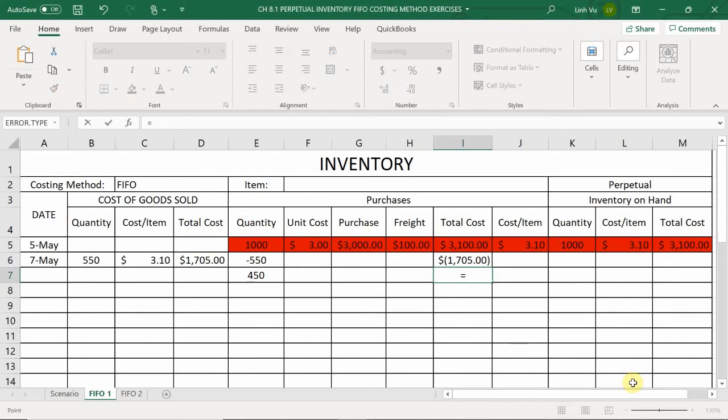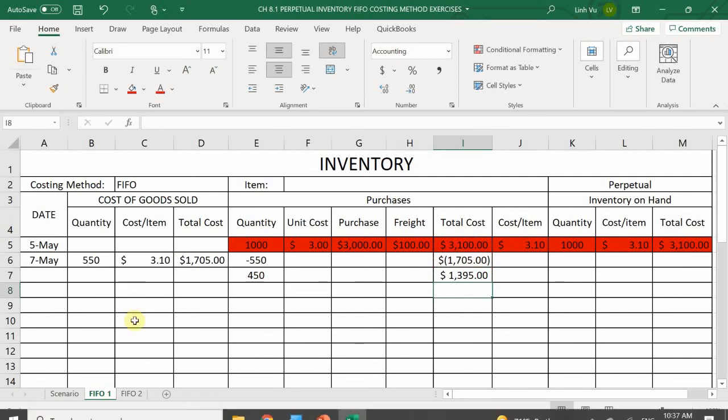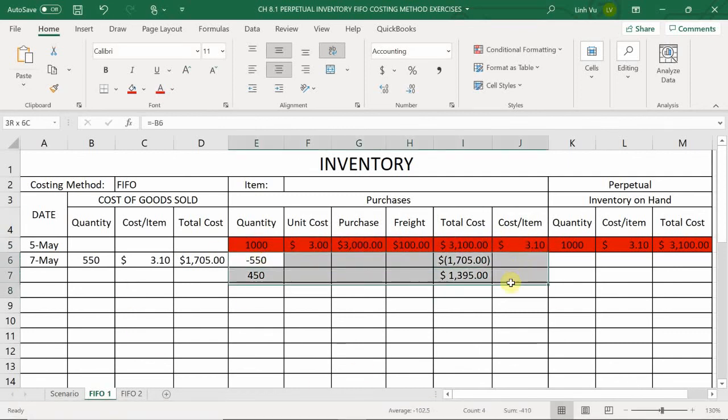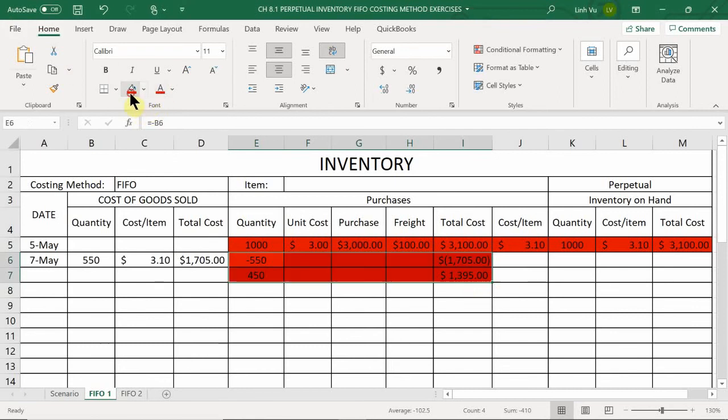If I had 3,100 and I sold 1,705, how much should I have remaining? $1,395. Good. So to make this really color forward, just to keep track of it, this is all from the red batch.